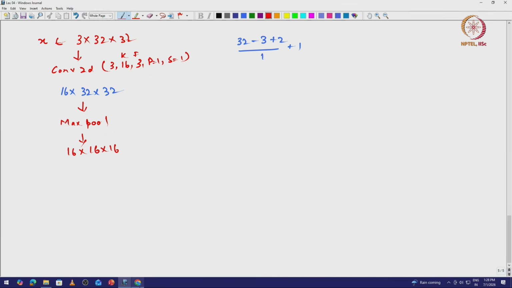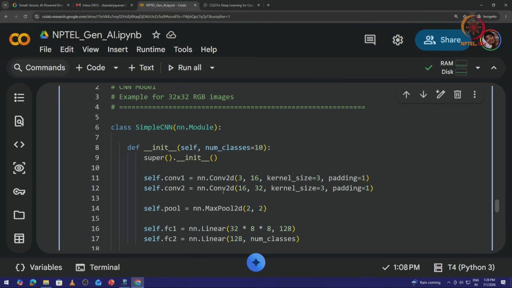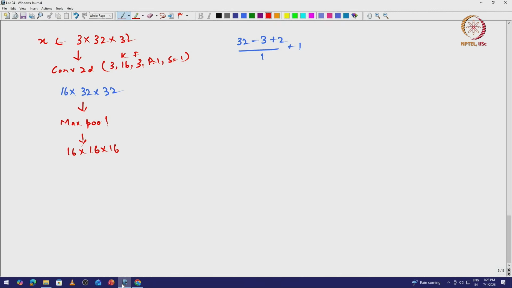Now you pass it through the second convolution, which is 32, 16, 3, 1. Here 16 is the input, K is 32, F is 3, P is 1, S is 1.